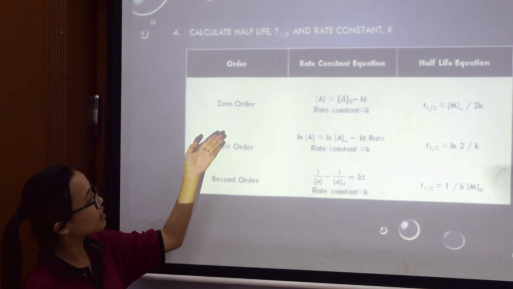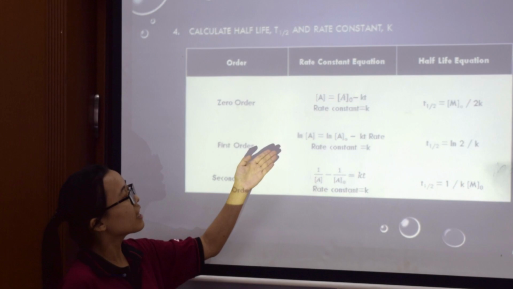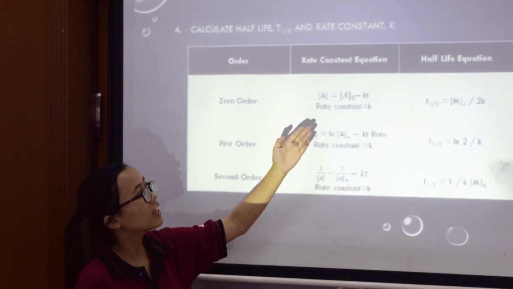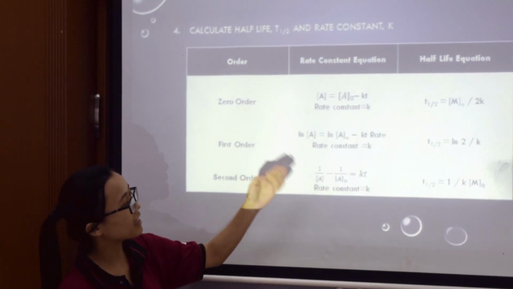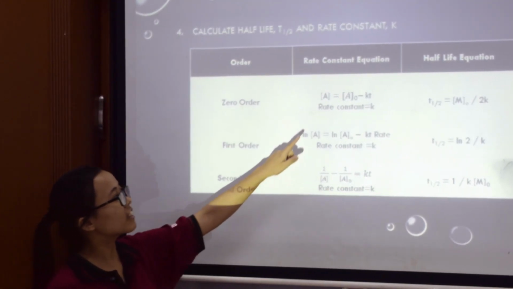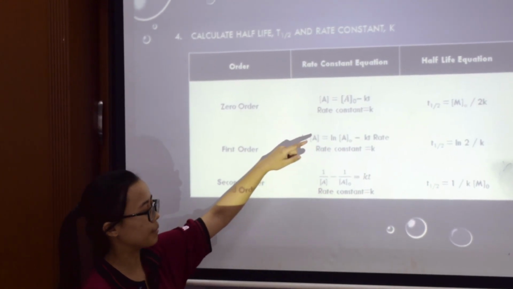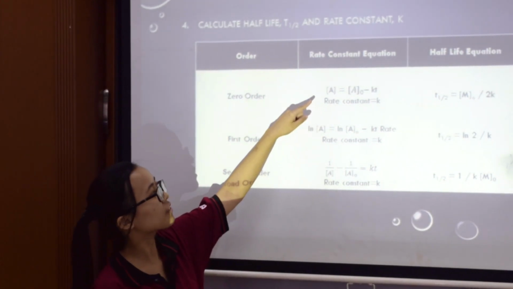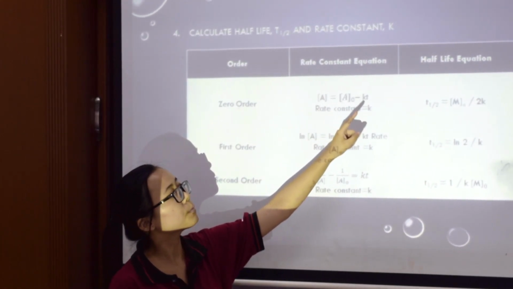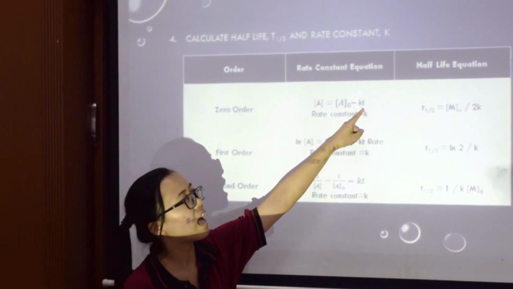For the zero order, the rate equation is the concentration equal to the original concentration minus the rate constant times time. It is the same as the equation of the graph, which is y equal to c minus m x, where m is the gradient.